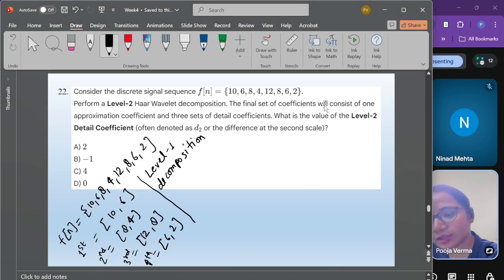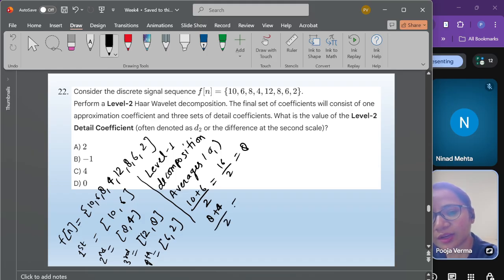First we find the averages, which we call A1. For the first pair, 10 plus 6 divided by 2 is 16 by 2, that is 8. Similarly, 8 plus 4 divided by 2 is 12 by 2, that is 6.